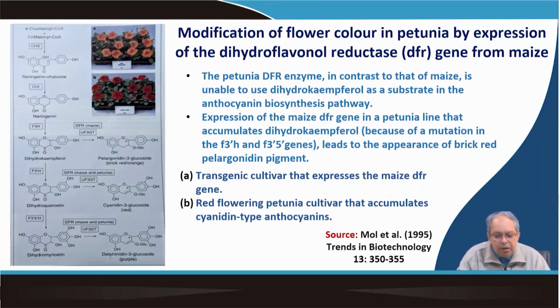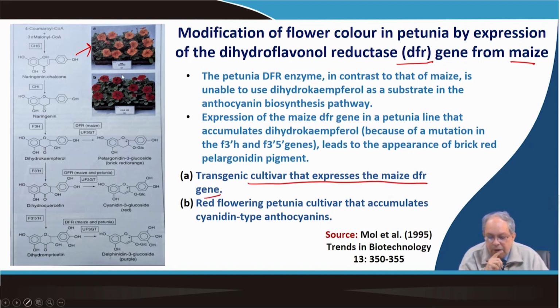So, here is the modification of flower color in petunia by expressing DFR from maize, and as a result we see that the color turns different. The transgenic cultivars express the maize DFR gene, and B1 is the red flowering petunia cultivar that accumulates cyanidin type of anthocyanin.